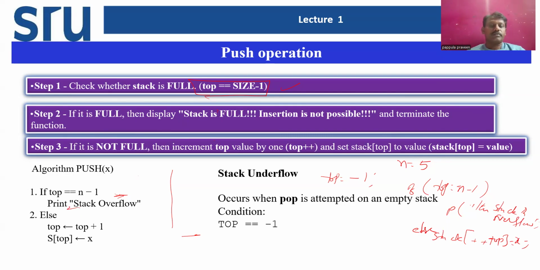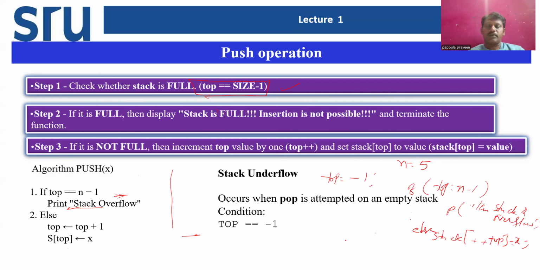Okay, now this one. Stack is overflow. Otherwise top equal to top plus 1, stack of top equal to x. So stack of top equal to x is nothing but stack of plus plus top, or top equal to top plus 1, and stack of plus plus top equal to x.